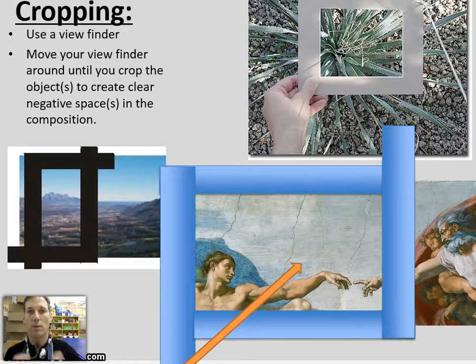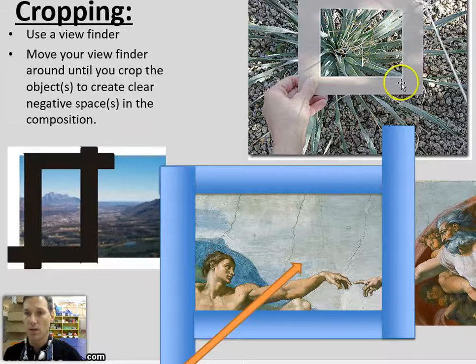One thing that will help us in finding these shapes is cropping. In art class, you're going to use a viewfinder. Here's one example of a viewfinder. It's got this rectangular or square shape here, and the artist is holding it to block off all of these little spiny vines coming out from the center of this aloe plant.